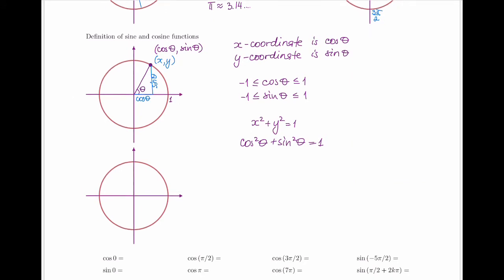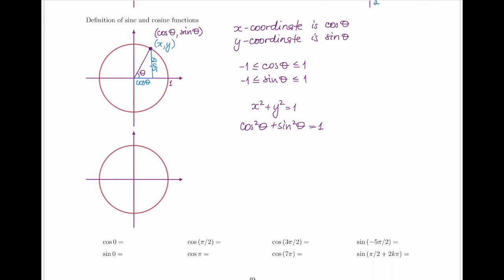The next thing to think about here, in terms of where sine and cosine properties come from, are also their signs. So for example, let's think about cosine. Cosine is the x-coordinate of the point. If my point is in the first quadrant here, the x-coordinates of all of these points are always positive.